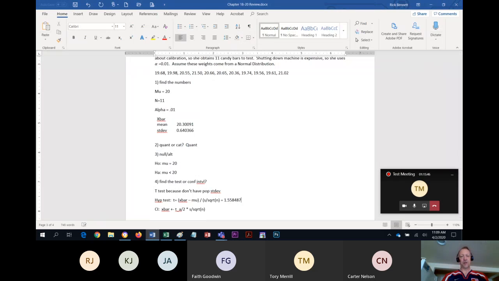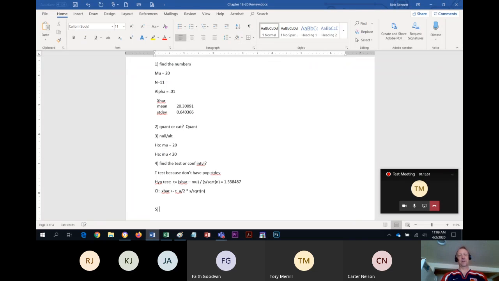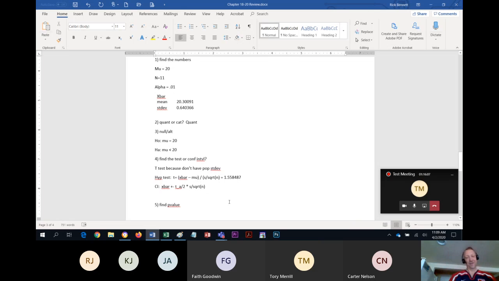Okay, so step number 5 is what? Find the p-value. Whether I had done the confidence interval first or the p-value now, you're going to figure out the number that you're missing.